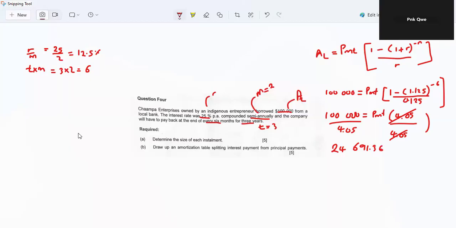So now, remind me, how do we do the amortization schedule? This will be how many periods? 6: 1, 2, 3, 4, 5, 6. Then the beginning amount was 100,000. Then what do we go to next?